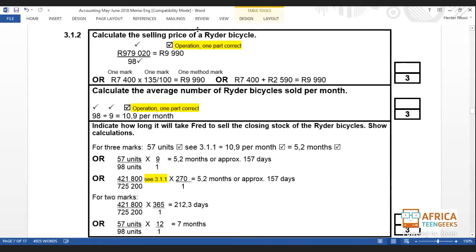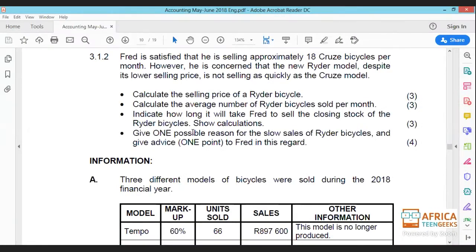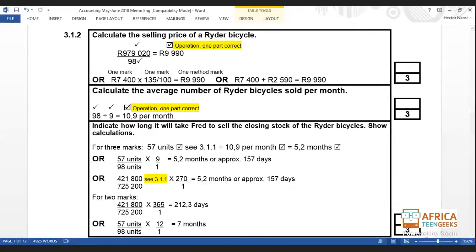Okay, then now let's look at the next one. The next one says to you, give one possible reason for the slow sales of rider bicycles and give advice to Fred in this regard. So you must give one possible reason for the slow sales of rider bicycles.